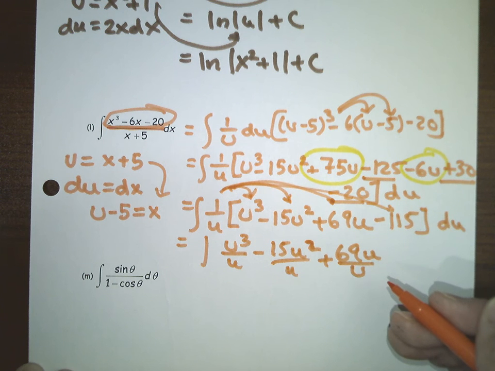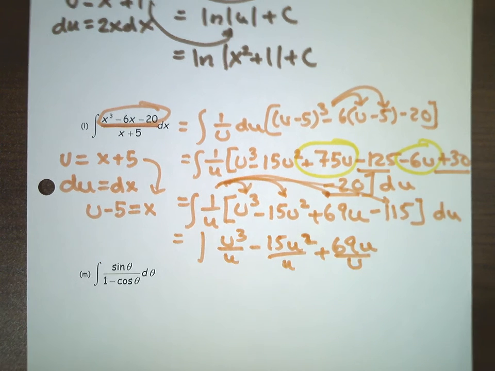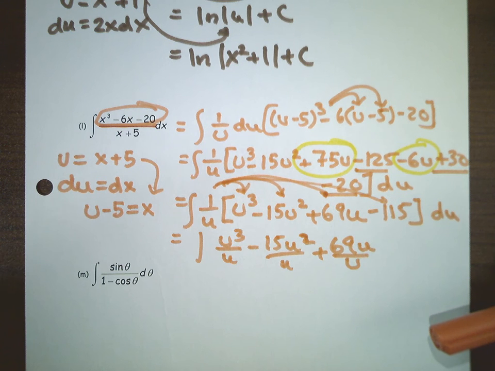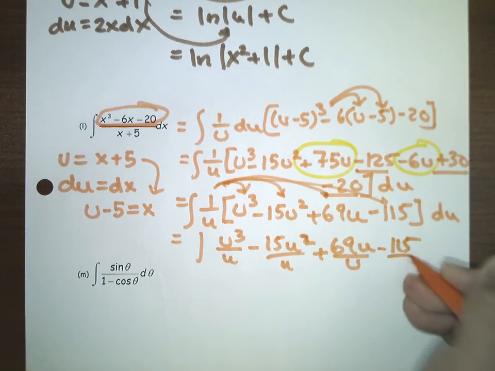And then, well, this is actually pretty extreme if you ask me here. But that's just my opinion on this. If I go ahead and keep on distributing here, minus 115 over u du.